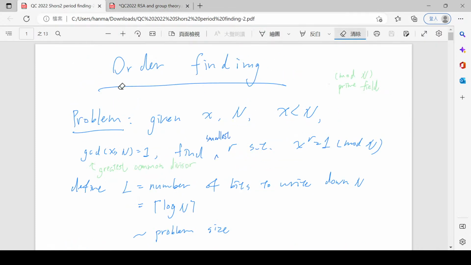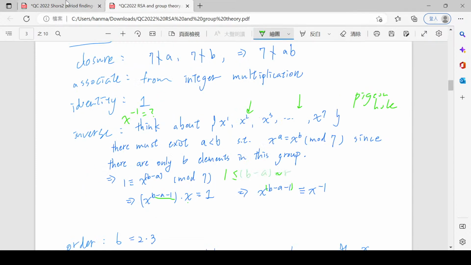So, yes, this is also why this algorithm is called order finding, although I've been also calling it period finding. So, this is order finding because that's the order of the subgroup generated by x, right?